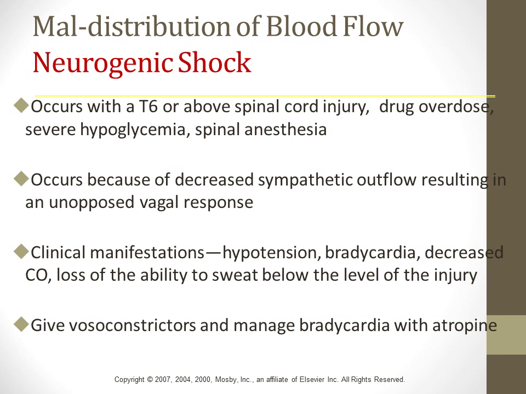That vasodilation and the pooling in the vessels produces a profound hypotension, and the blood volume is stable, but there's such drastic dilation that it causes a relative hypovolemia, and we can't get enough blood back to the heart. When I can't get enough blood back to the heart, I don't have enough stroke volume, and therefore cardiac output is down, and it can lead to profound altered tissue perfusion.